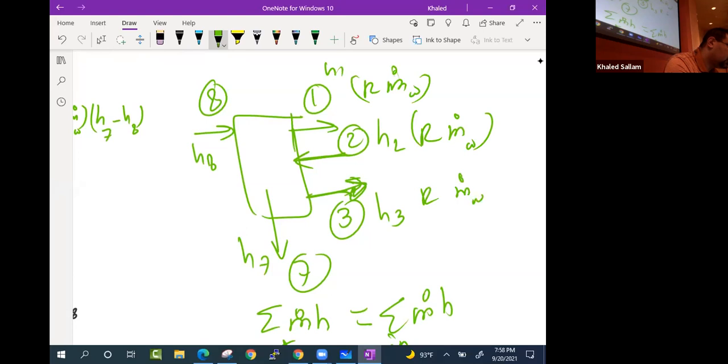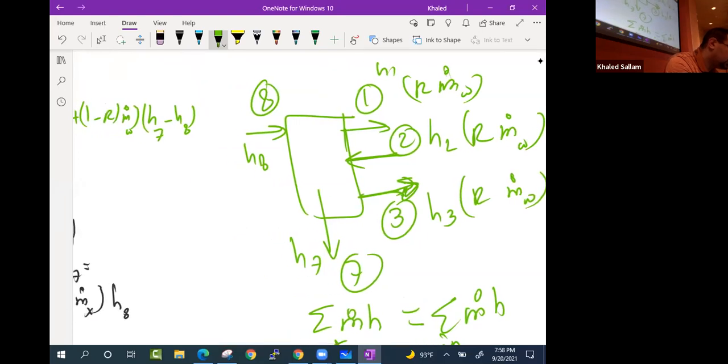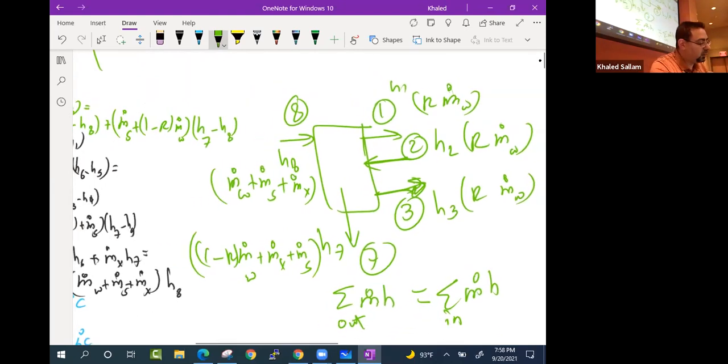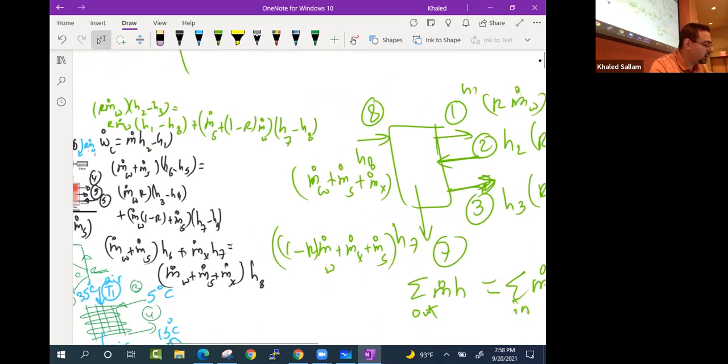And sometimes it's hard, like this H8, m dot, sorry, this is m dot water plus m dot S plus m dot X. And what's leaving here? 1 minus R, m dot water, plus m dot X. Okay, when you write those together, you will find exactly this equation. I guess we didn't write the m dot X, it should be here. Right? M dot X needs to be inserted here.